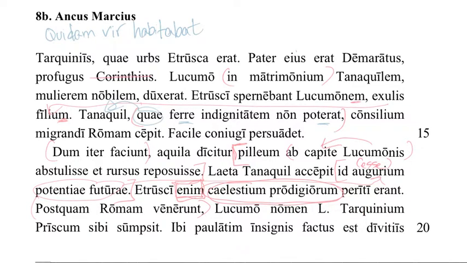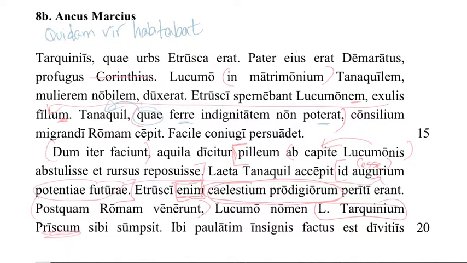So this is referring to the name right there. My bad. Lucius Tarquinius Priscus. So that goes with Lucius Tarquinius. Sibi, of course, is dative, going back to Lucumo, because sibi always points back to the subject. And then sumpsit. So Lucumo took up this name, Lucius Tarquinius Priscus, for himself.